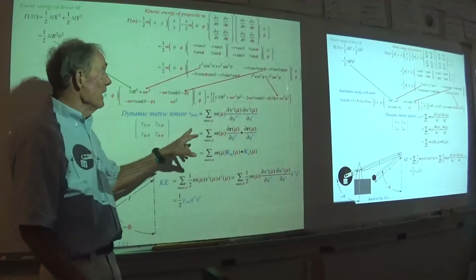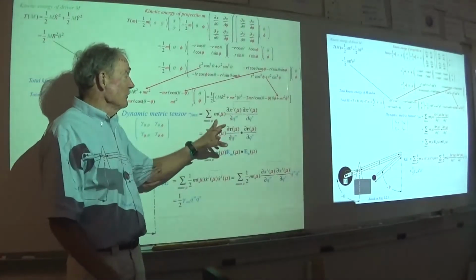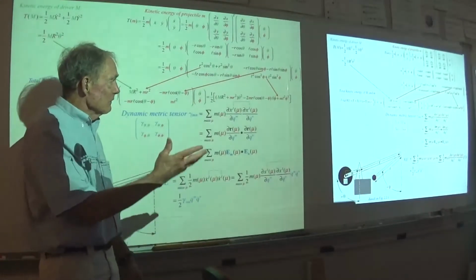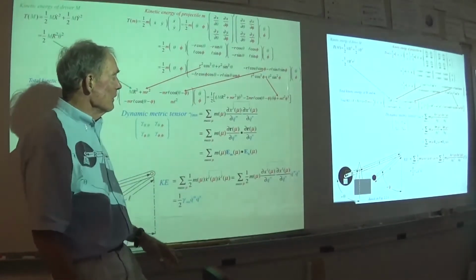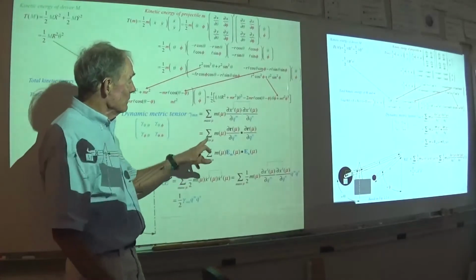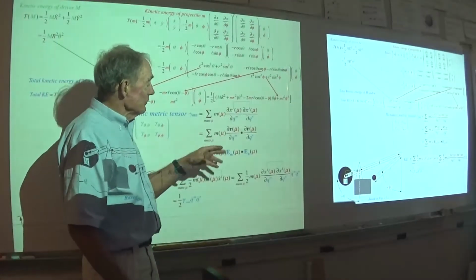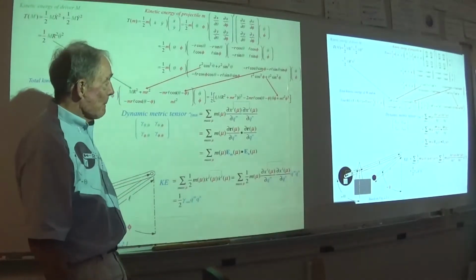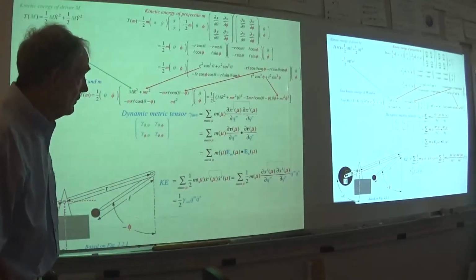In general, we're going to have quite a number of masses, especially when you get to talking about wave phenomena, mechanics of waves in a lattice, for example. We're going to have quite a number of masses to sum over in order to make one of these kinetic energy expressions.